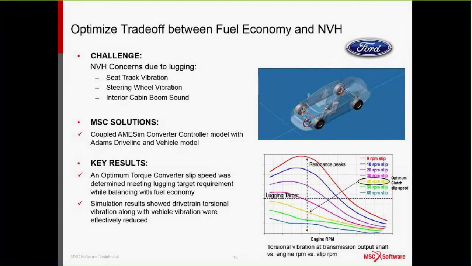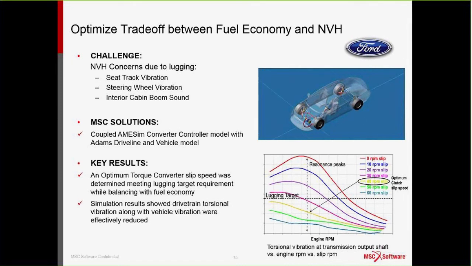In order to reduce or minimize that lugging effect, there's a torque converter. So the torque converter is basically equipment that is used to transmit the torque between the engine and the transmission. There's a slip RPM that you can set in the torque converter. And the higher the slip RPM on that torque converter, the better the NVH performance.